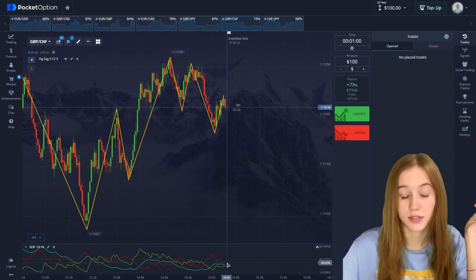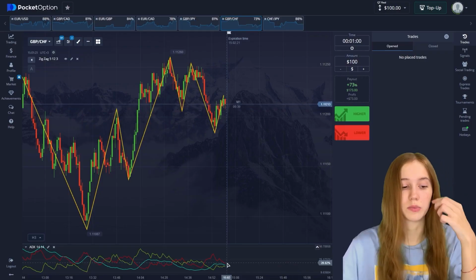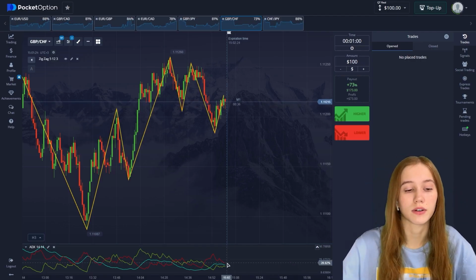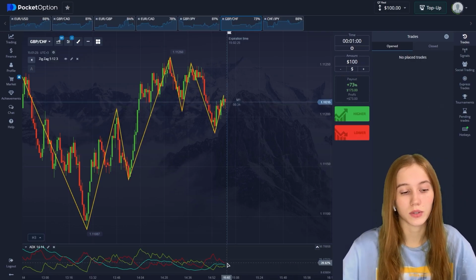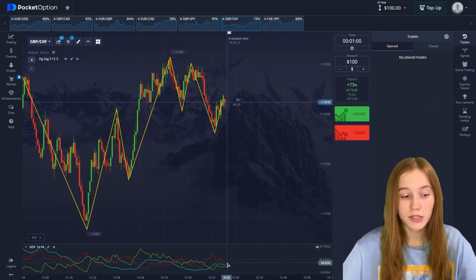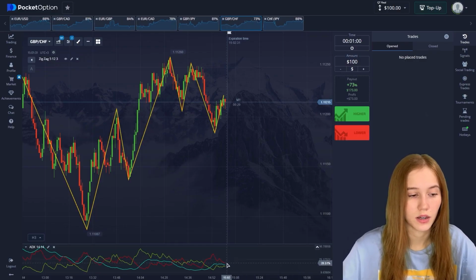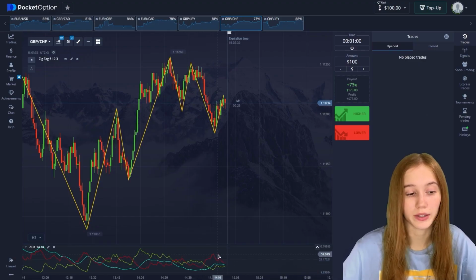For your convenience, ADX works on any instruments and at any intervals. It allows you to evaluate the strength of a trend at certain points in time. The stronger the trend movement, the higher the ADX line. The ADX value itself is indicated by this blue line.